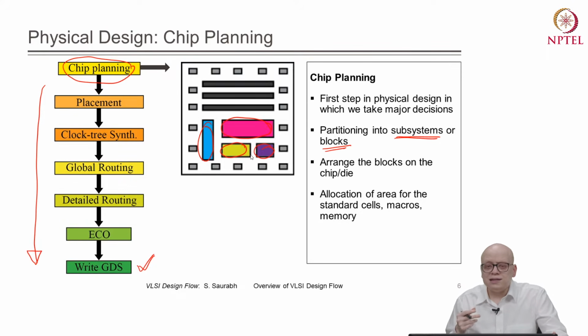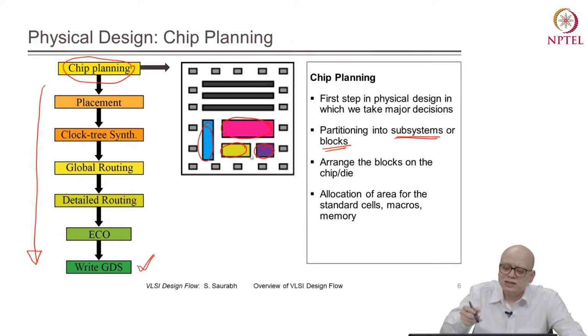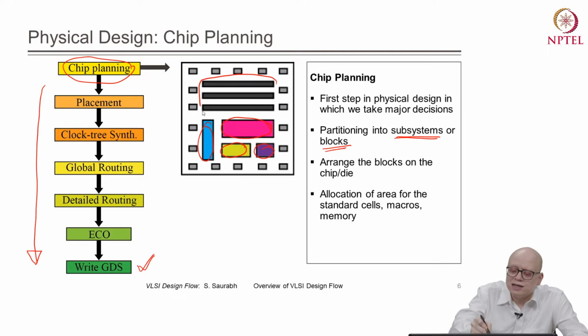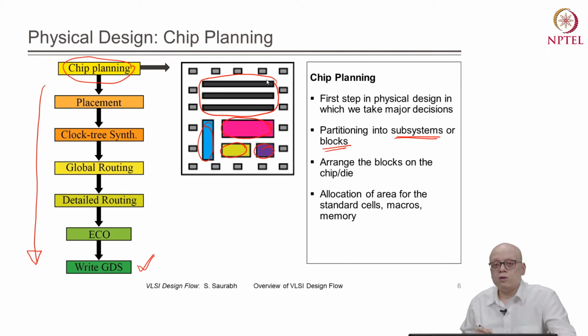At this stage, we also decide the location of standard cells on the layout. Typically we will have numerous standard cells, it can be millions. For those standard cells, we need to specify a location on our layout where they should lie.